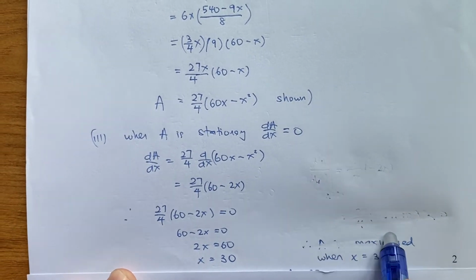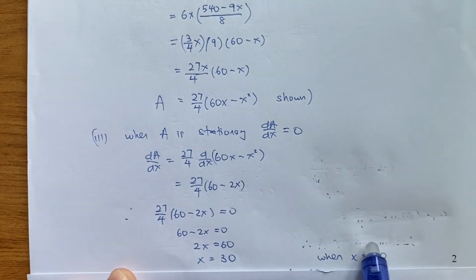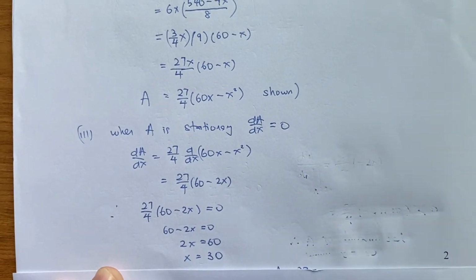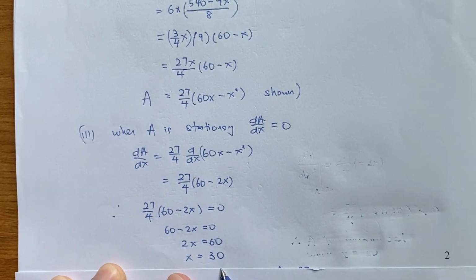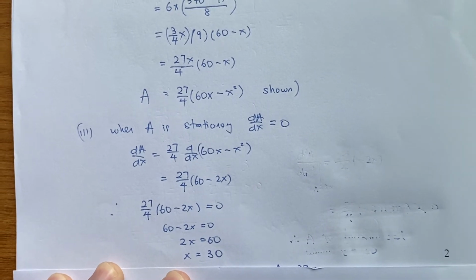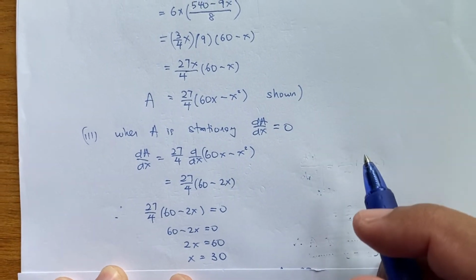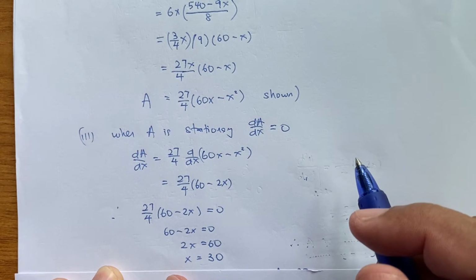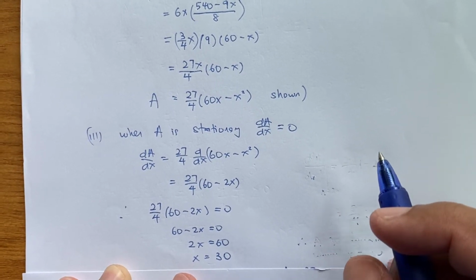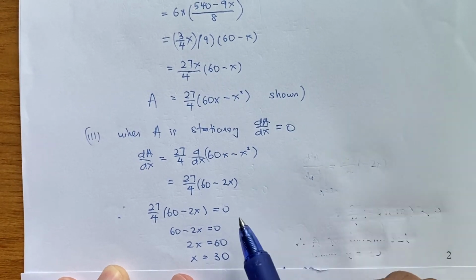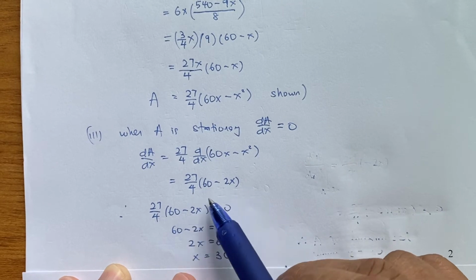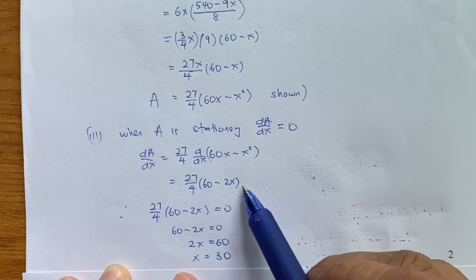Now, how are we going to show that at this x equals 30, A is maximum? Again, we have a choice whether you want to do it by first derivative or second derivative test. Again, I look at my dA/dx and I realize that dA/dx is a very simple function to differentiate.